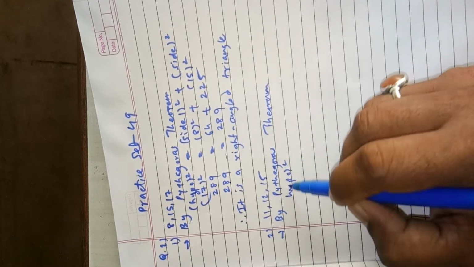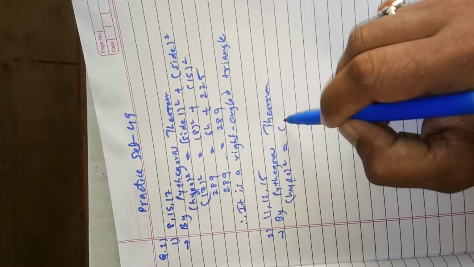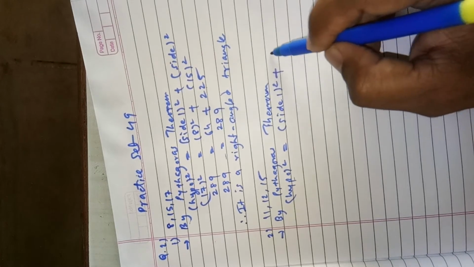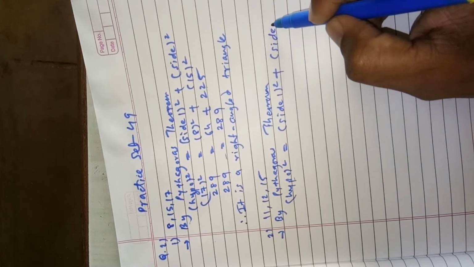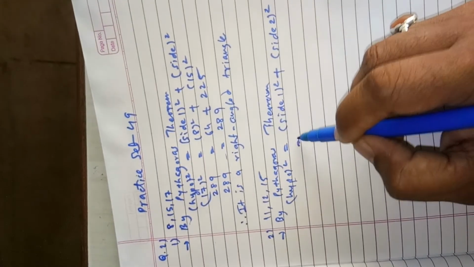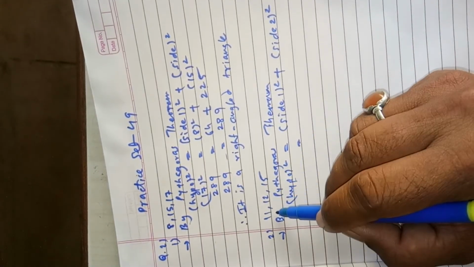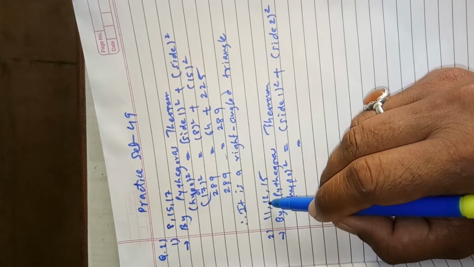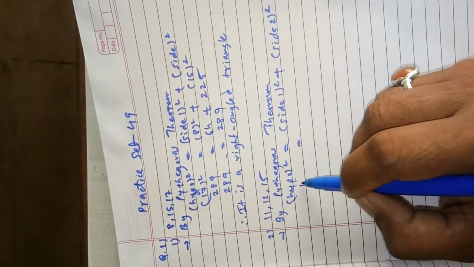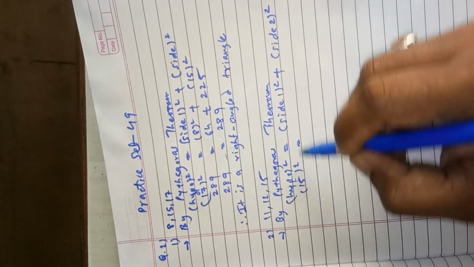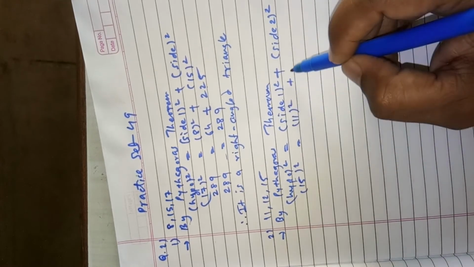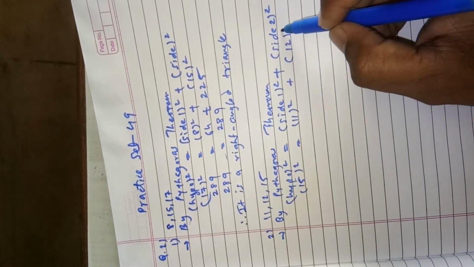Hypo square is equal to, very good, side 1 square plus side 2 square. Now give the values. Here the hypo will be 11? No, it is small. 12? No. 15. Okay, so 15 is our hypo. 15 square is equal to side 1, take as 11 square, and side 2, take as 12 square.